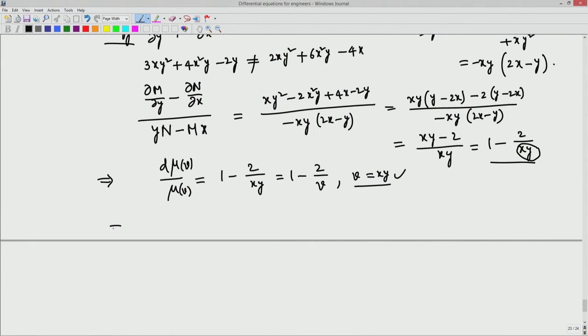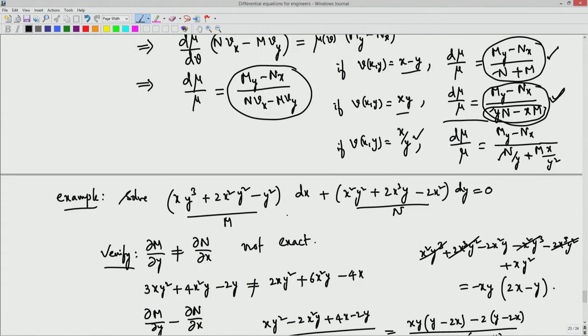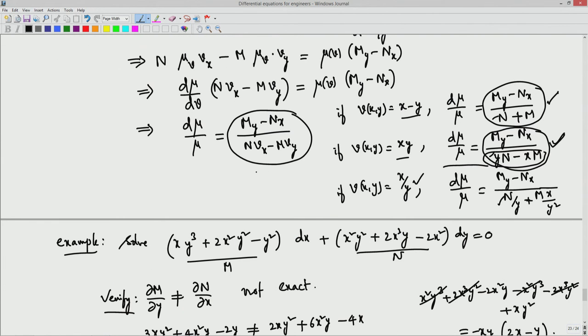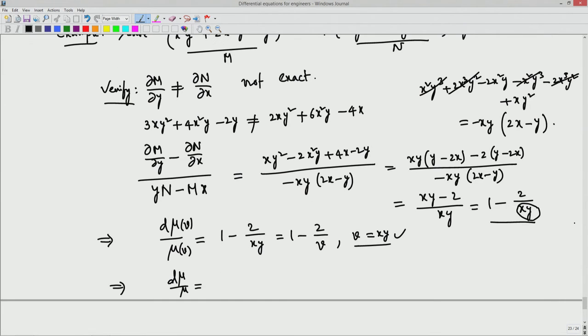So this implies dμ/μ, when I rewrite, I have a dv here, you have a dv everywhere. So dμ/μ is equal to (1 − 2/v) dv.